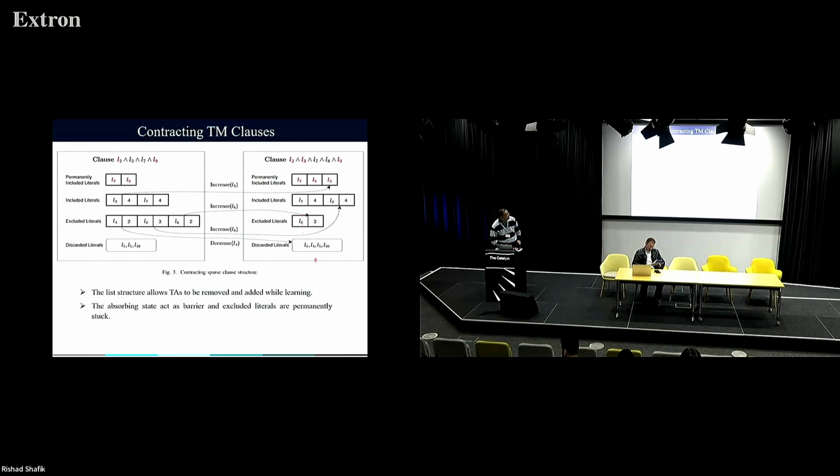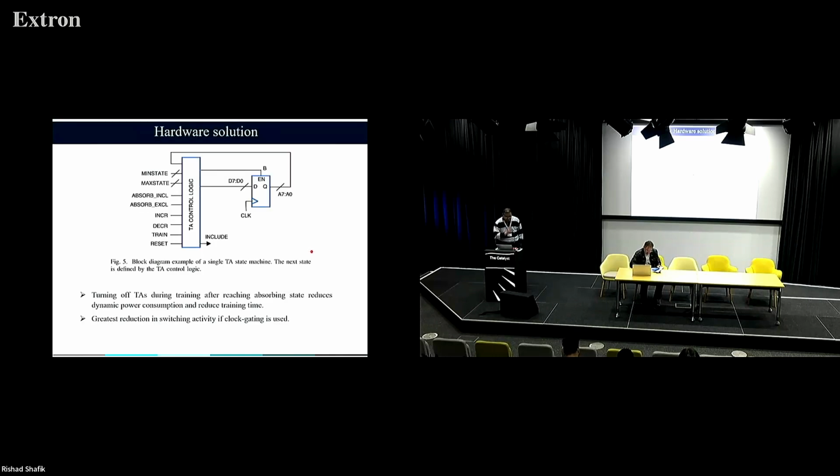So if we exclude the literals forever, we don't touch them. We delete them from the memory, so they are gone forever. Okay. And the beauty from the hardware's perspective is that once we switch to permanent exclude, we don't need to touch it any longer. So we can use the memory for other purposes.